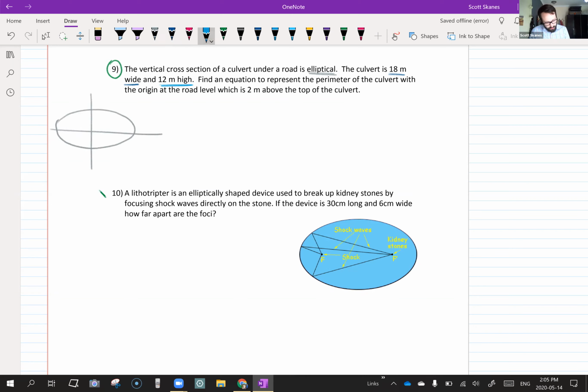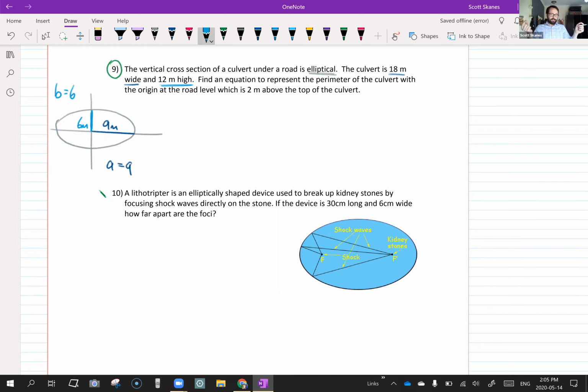We know that the distance here is 18 meters, and so half of this must be 9 meters. That means A is 9. That means this is 6 meters. That means B is 6.